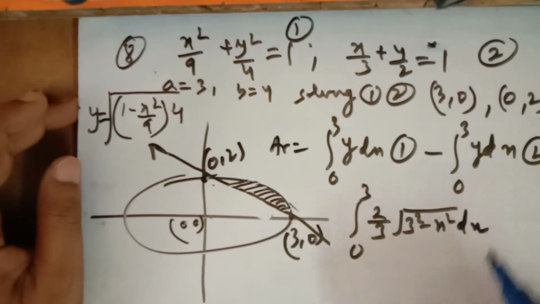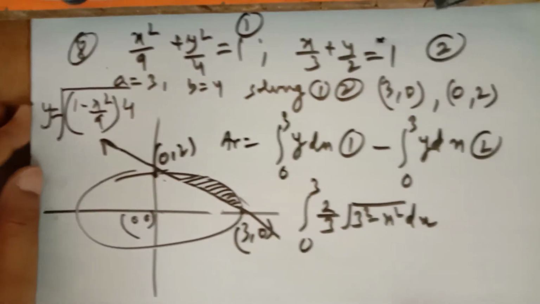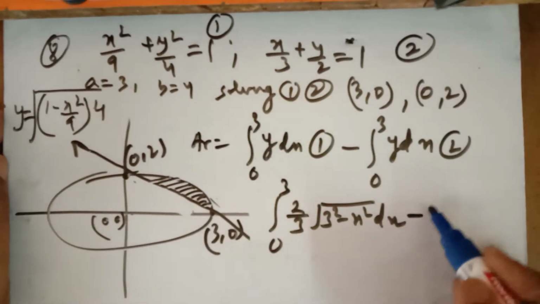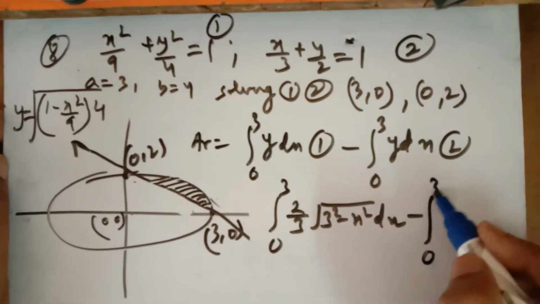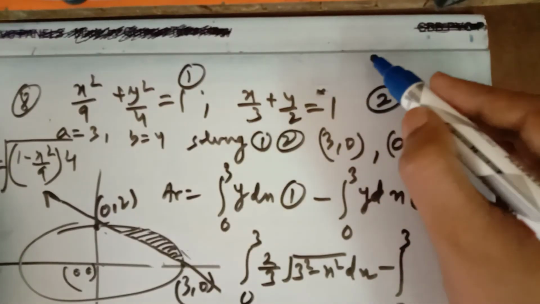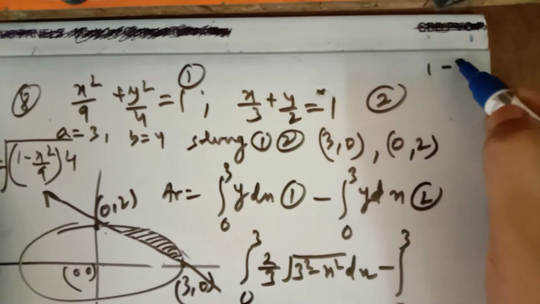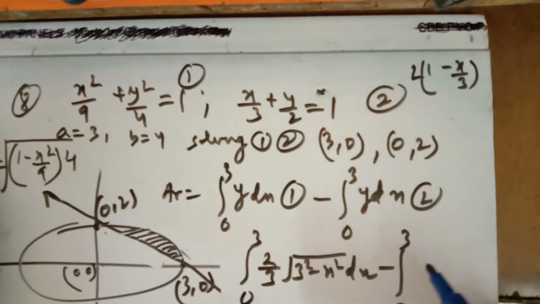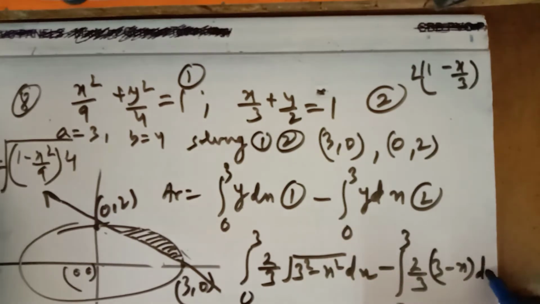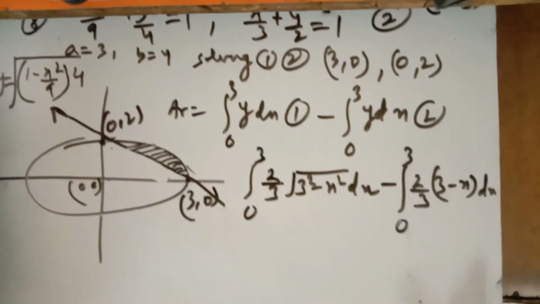This is the value of y of the ellipse. And similarly, you find the value of y of the line, which you can easily find. It will be (1 minus x upon 3) into 2. So it will be 2 upon 3 into (3 minus x). So this is the y of both the curves.